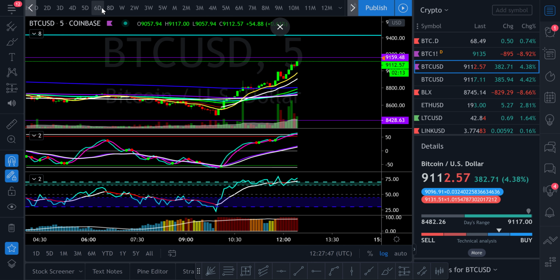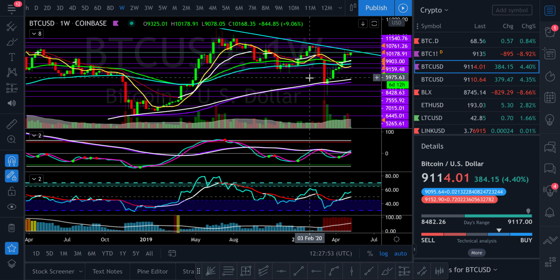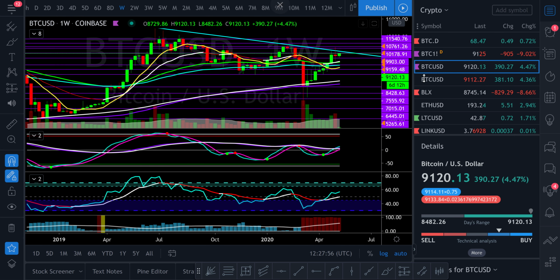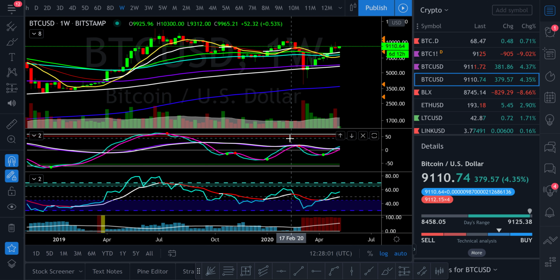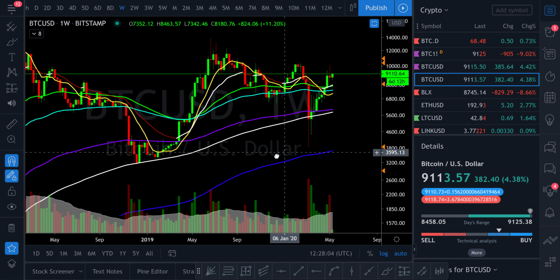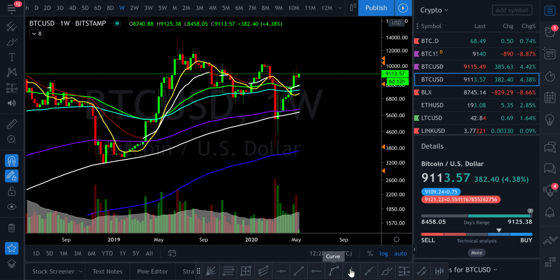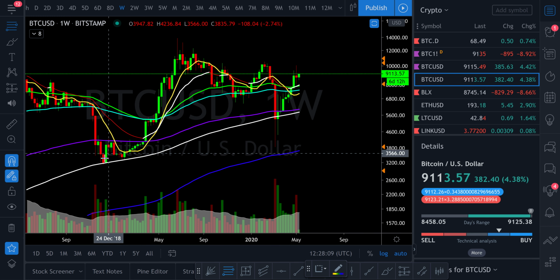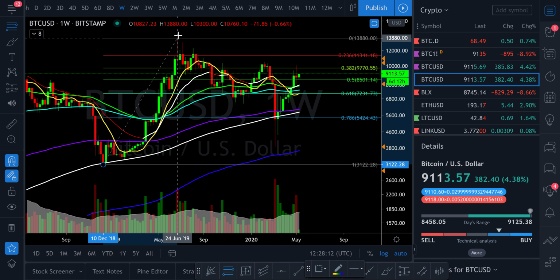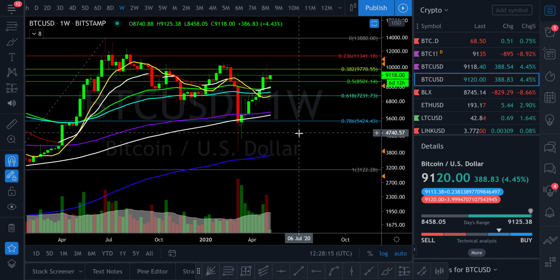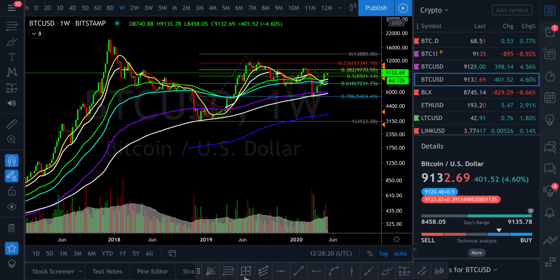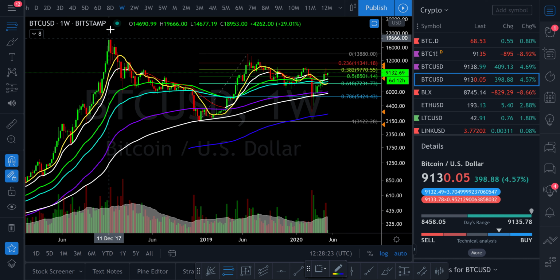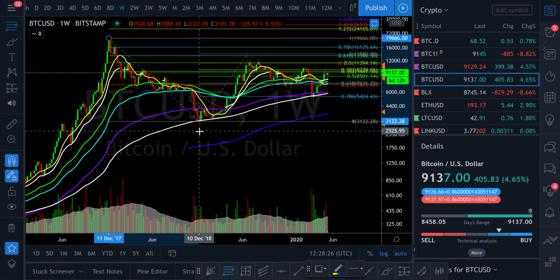But going back into the weekly, and we'll get a fresh chart so it's easier for you guys to see it. Now looking at this, we also have the Fibonacci from swing low to high, caught in between the 0.5 and the 0.382, and then also this Fibonacci from high to low.